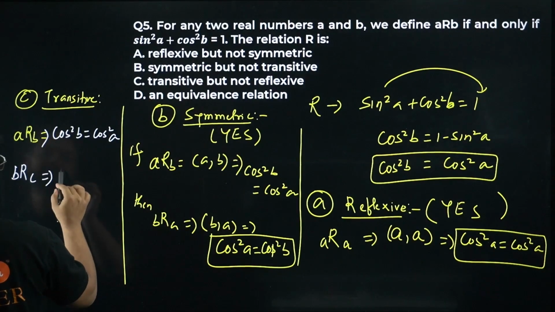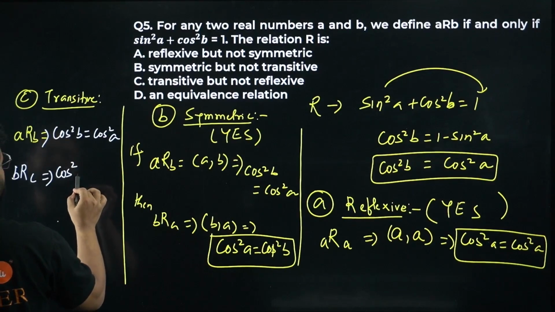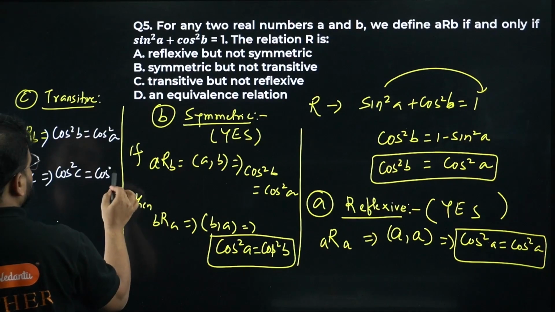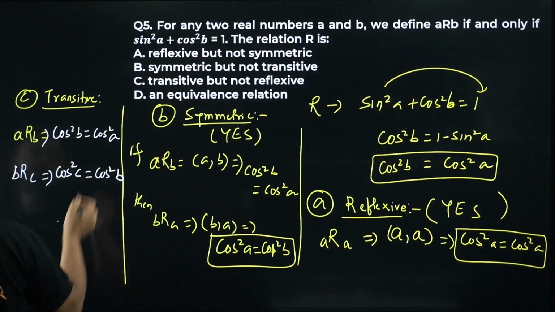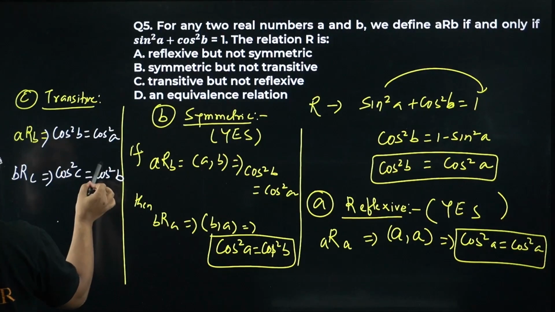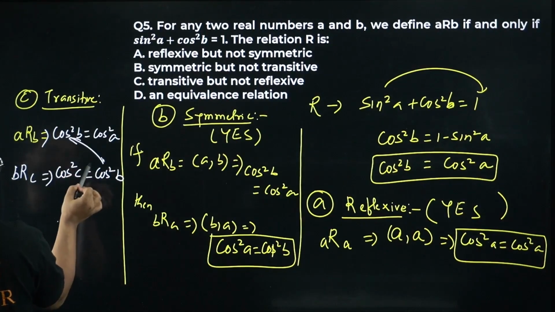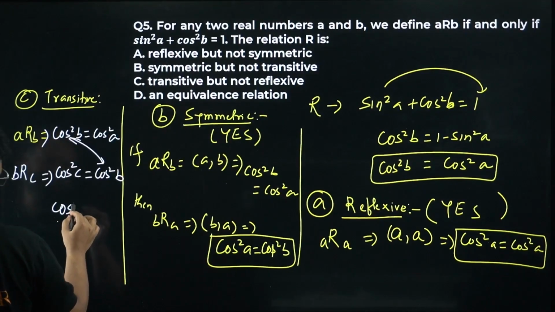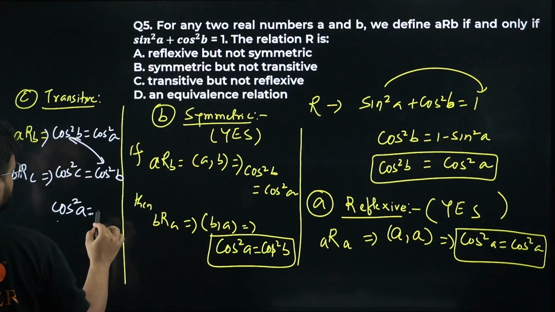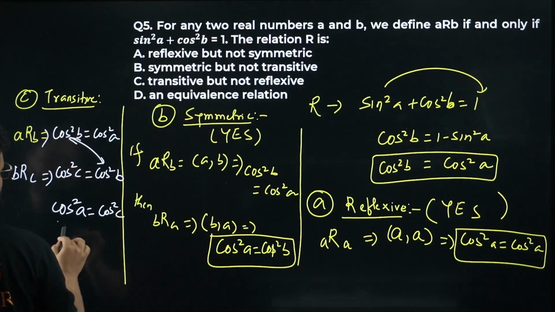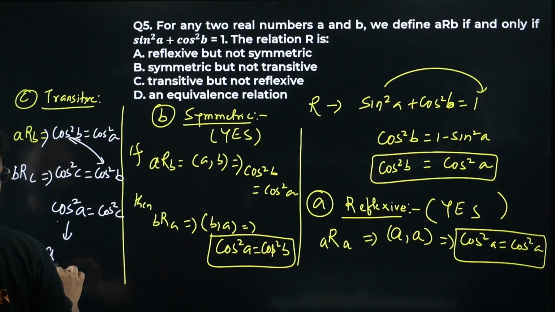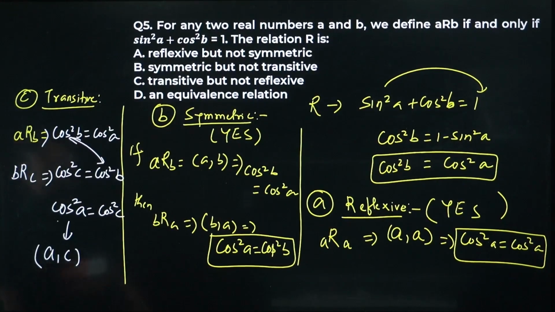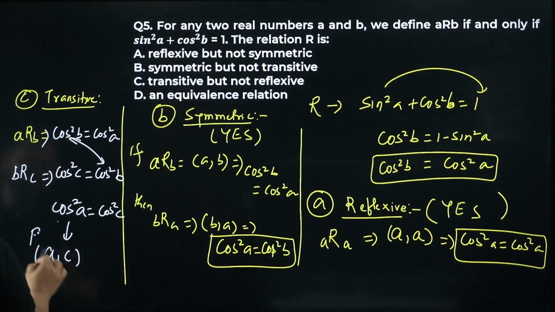BRC means cos square C equals cos square B. If you combine these two together, cos square B and cos square B, it means cos square A equals cos square C. From here I can imply that even AC works. The relation on AC also works.